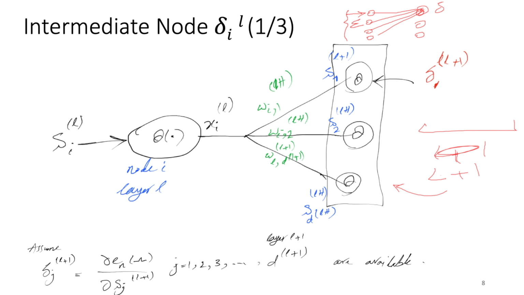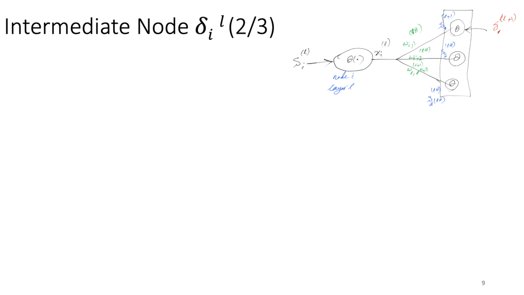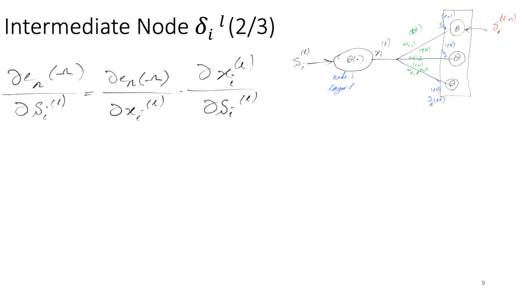Okay, I put the whole high-level view of the network there just for your reference. So now you have to compute for layer L. We expand the chain rule.